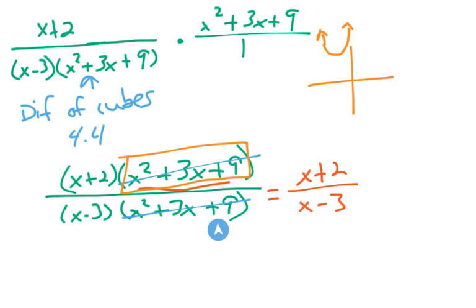So even though we canceled it out, we don't need to worry about listing excluded values because this doesn't cross the x-axis. There's no real x value that would make this whole thing 0. Okay, so we're just left with x plus 2 over x minus 3, and that is going to be our final answer. We don't have any excluded values because there's no value of x that makes x squared plus 3x plus 9 equal 0.